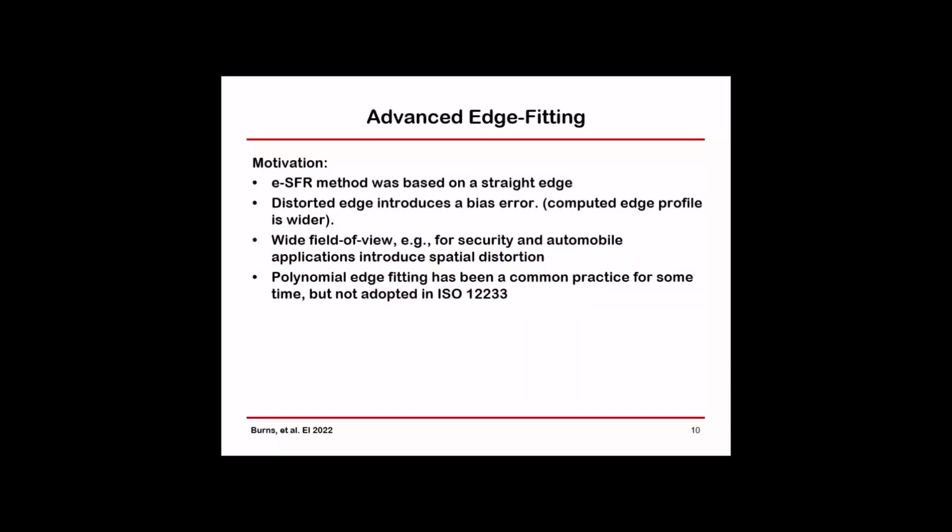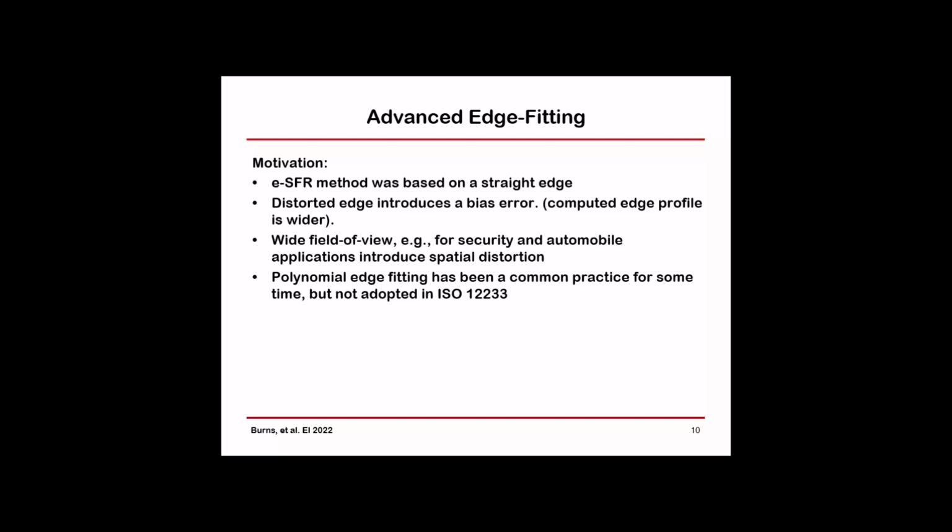About the advanced edge fitting, well, the motivation here was that the original edge SFR method was based on a straight, high-quality straight line in the test target, and also a high-quality straight line in the edge feature of the test image.